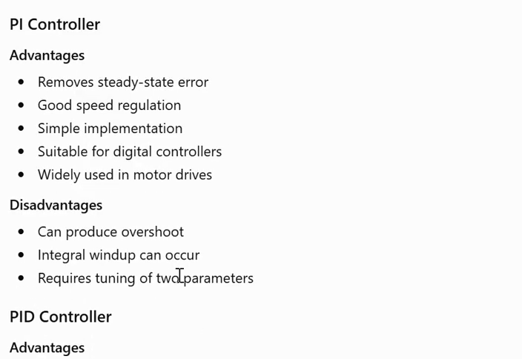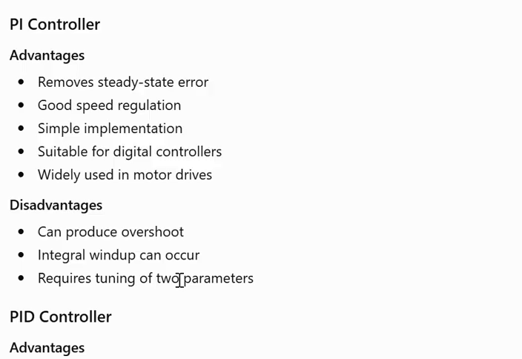So considering PI controller, it removes the steady state error, and gives good speed regulation and is suitable for easy implementation in digital controllers. Okay, so most of the motor drives are using PI controllers, but still need some improvement regarding the rapid increase in the controlling parameter.